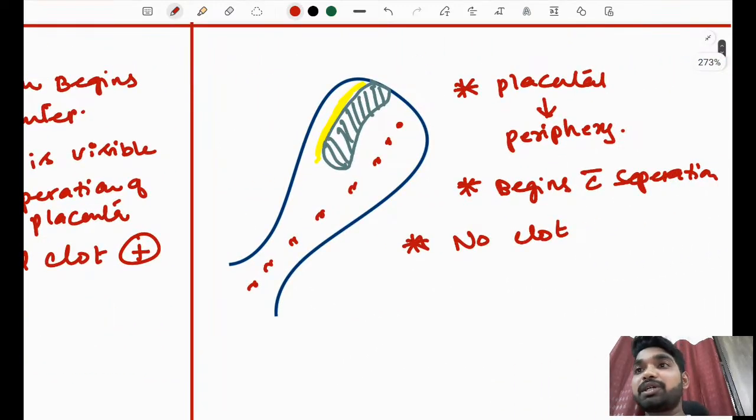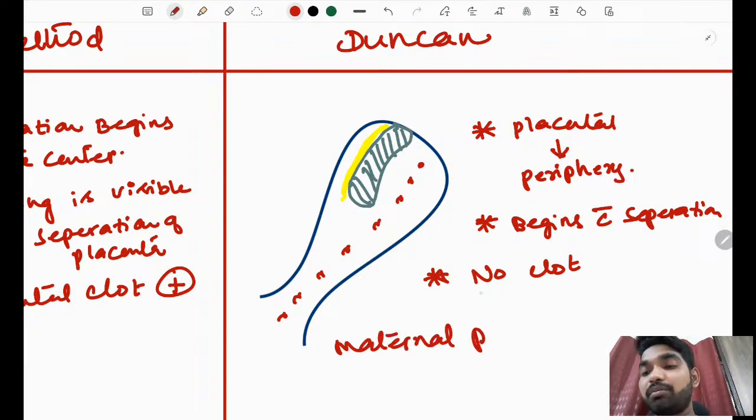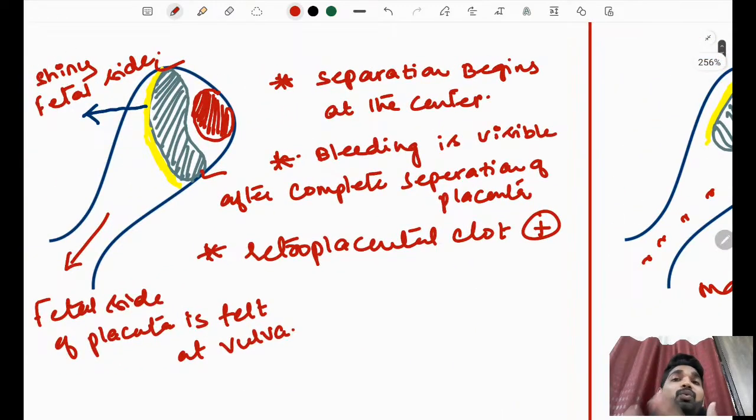Whereas in Duncan method, after complete separation of placenta, the maternal side of placenta appears at the vulva, at the vaginal opening. Okay, so how to know whether it is fetal side or maternal side? I already told you, right? Fetal side of placenta will be shiny.